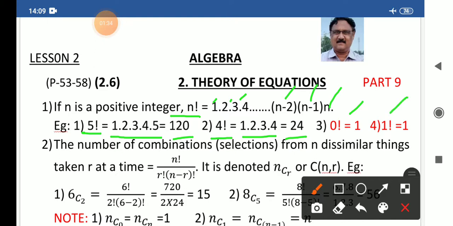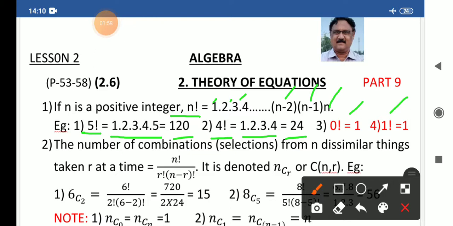1 factorial is the product from 1 to 1, that is 1. 0 factorial is also 1 and 1 factorial is also 1. So 0 factorial is equal to 1 factorial, but 0 is not equal to 1. Similarly, 2 factorial into 3 factorial is not equal to 6 factorial.